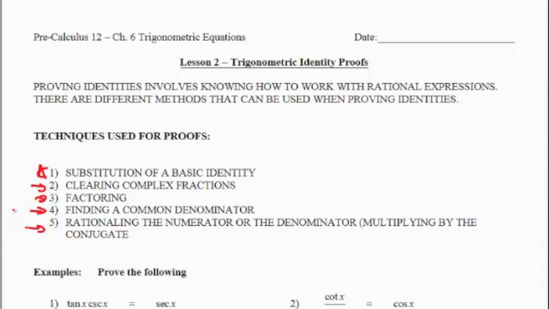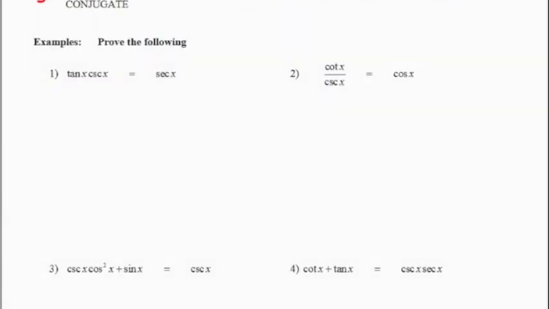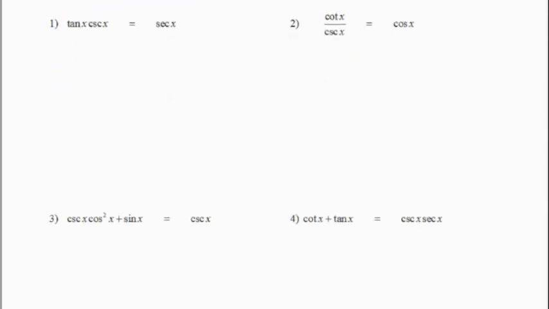All of these ideas that you've used over the years of your math are going to come into play right now. So let's start with a basic idea and take a look at question 1, where tan x cosecant x is equal to secant x. The idea for proving the following is that we have to make one side look like the other, or, in a very rare occurrence, which you'll actually see today, you have to play around with both sides a little bit in order to make them look identical.